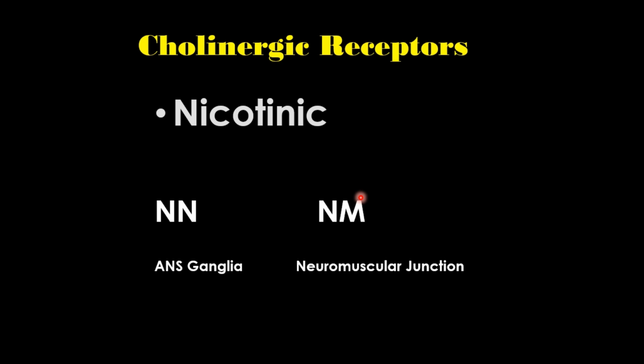So this holds the general outline for the autonomic nervous system, and we have two types of systems: the sympathetic or adrenergic system and the cholinergic or parasympathetic system.